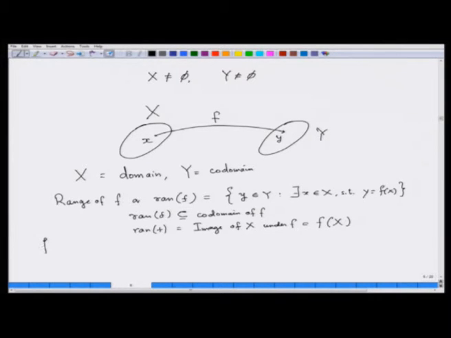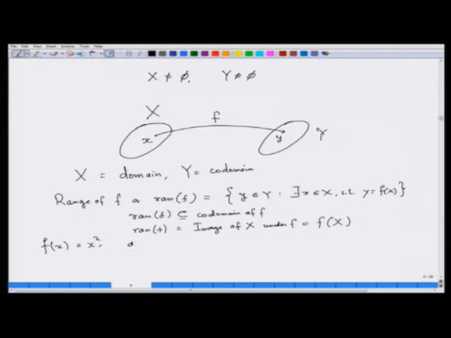For example, I take again the standard function f x equal to x square. Here the domain means, when I am talking about a domain, I have to operate this function f on each and every element of the domain. This is of fundamental importance, that each and every element of the domain has to be acted on by f. So, if I take f x equal to x square, I can square any real number.